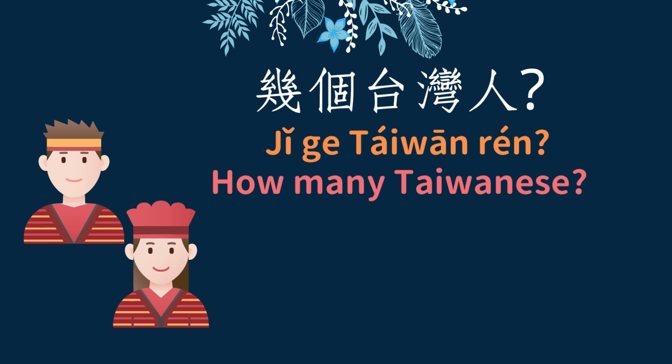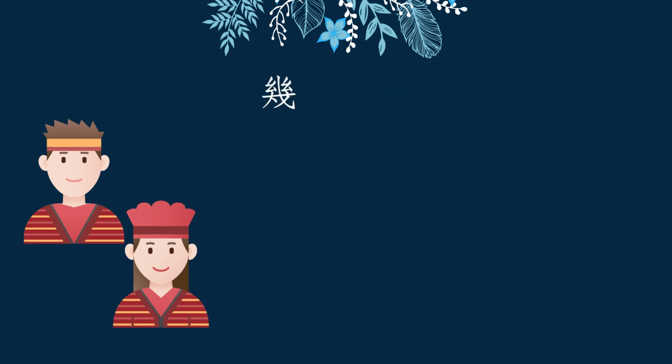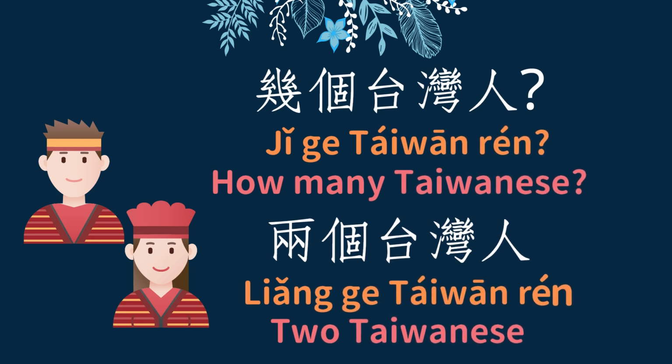More example, 几个台湾人，How many Taiwanese? 几个台湾人。And let's see the answer. 两个台湾人，2 Taiwanese. 两个台湾人。Wait, what is 两?